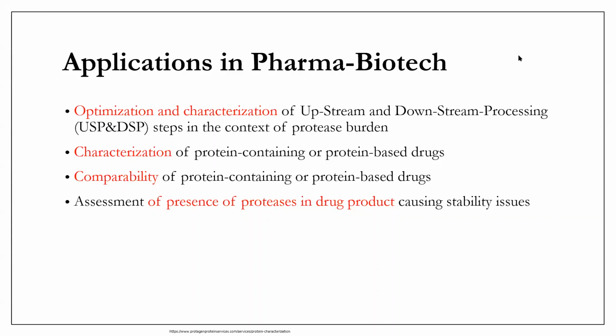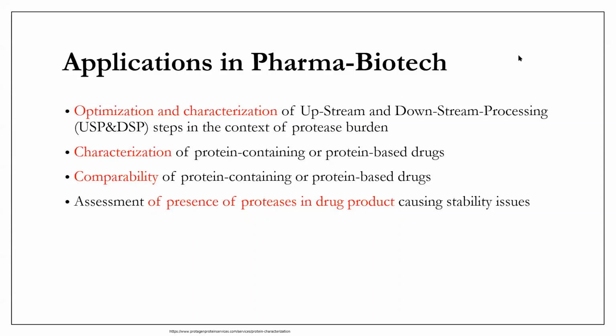And next is comparability, meaning if we want to compare a certain protein with certain protein-based drugs, then also these protein analysis techniques are going to help us. Okay, for example, there is a drug A, which is more effective against, you can say, a cancer. Okay, and there is a drug B, which is also effective against a cancer, but it is less effective.